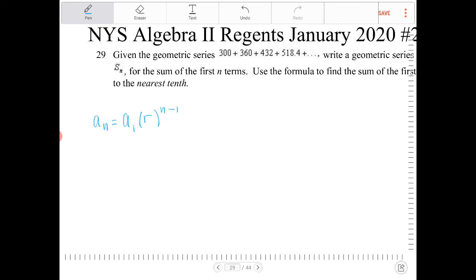So r is defined as the geometric ratio, and how we calculate r is a sub n plus 1 over a sub n. What that means is it's the next term divided by the previous term. So I can immediately calculate what r is from looking at these terms here.